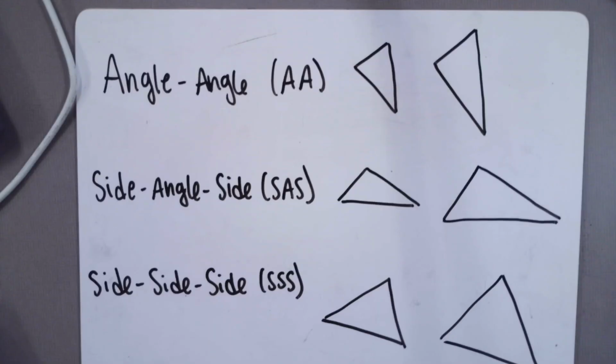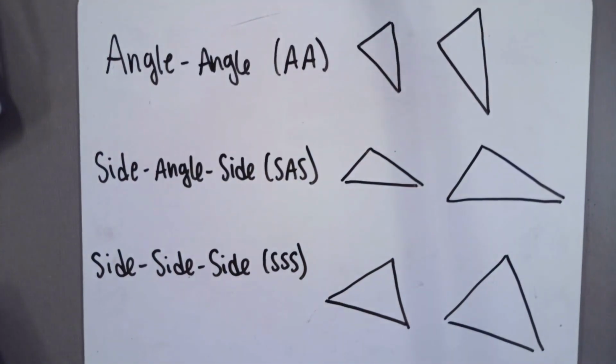The last thing we'll talk about is the 3 theorems for proving that triangles are similar. So we said that similar triangles have congruent angles and proportional sides, but we don't need to prove that every single angle is congruent and every single side is proportional. There's 3 sets of minimum information that will show that 2 triangles are similar. The first one is called angle-angle.